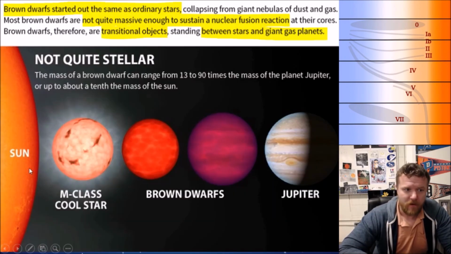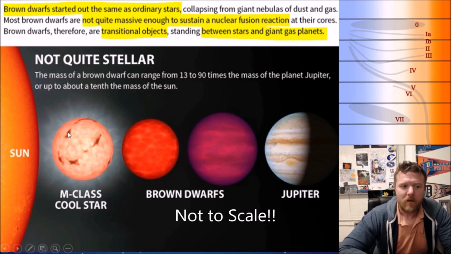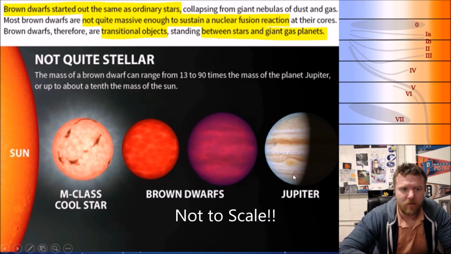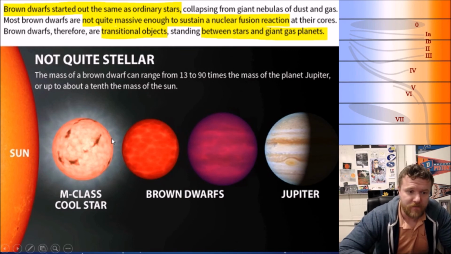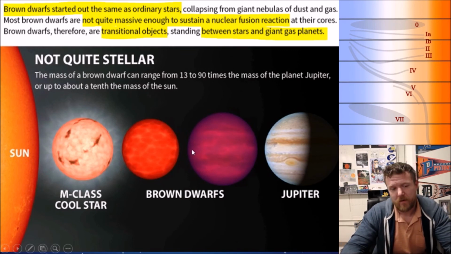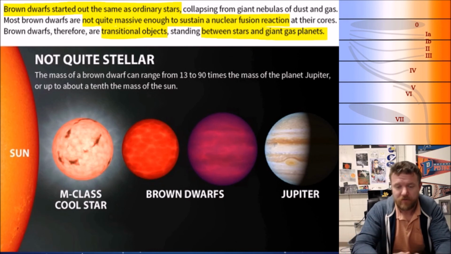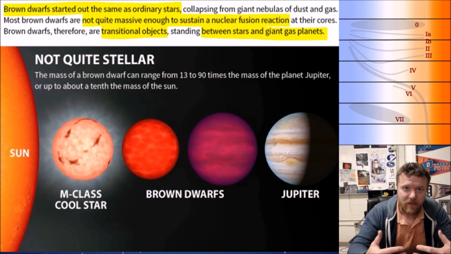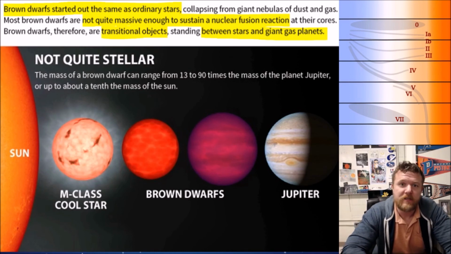So we have a number of different objects on the screen right now. We have the Sun, an M-class red dwarf star. We've got Jupiter, which is a little bit bigger than it normally would be. In between a red dwarf star and a planet, you get brown dwarfs. Brown dwarfs are not doing hydrogen fusion, but they are big enough to put out heat and glow, and we can actually see them.